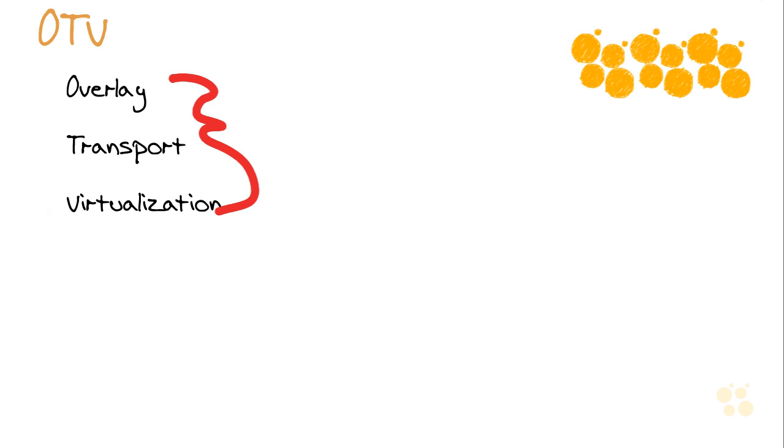Transport indicating that we are going to take our layer 2 traffic from a data center and we are going to transport it over that layer 3 network seamlessly. So we have fast convergence, load balancing, multicast replication. It can leverage all of the underlying capabilities of the layer 3 transport network.